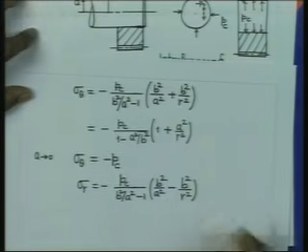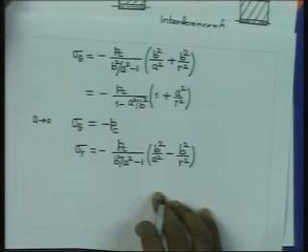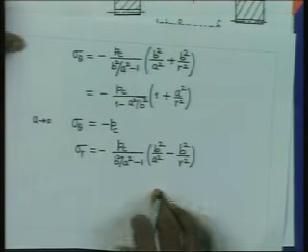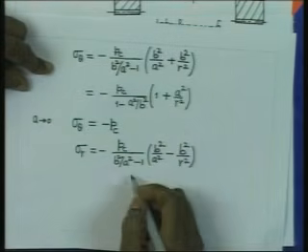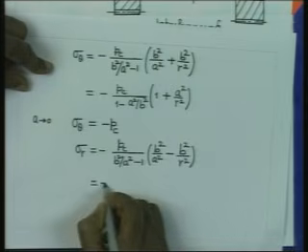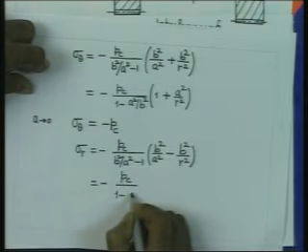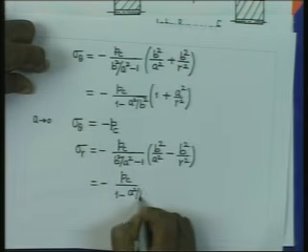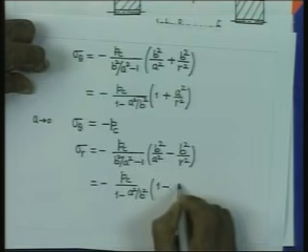So, that is the radial stress, and again if I go through the same procedure as we have followed in this case, multiply both numerator and denominator by a square by b square, this gives us Pc by 1 minus a square by b square, 1 minus a square by r square.